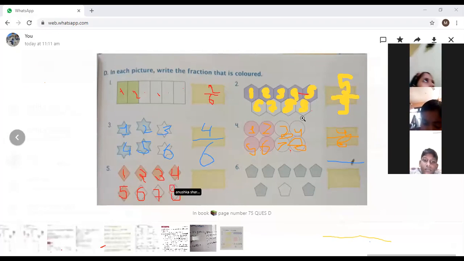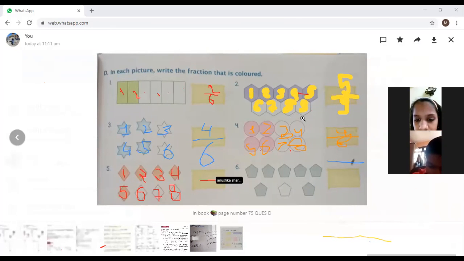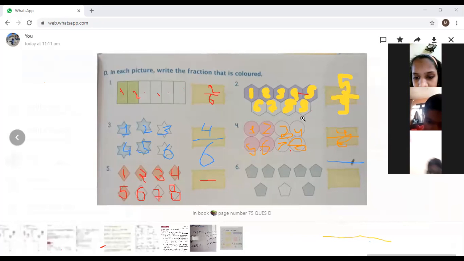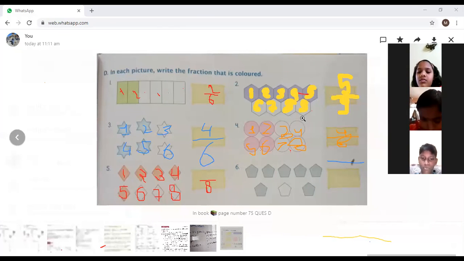Very good. 8 are there. And the denominator is 8. Good. And the numerator will be? And 5 is numerator. Very good.